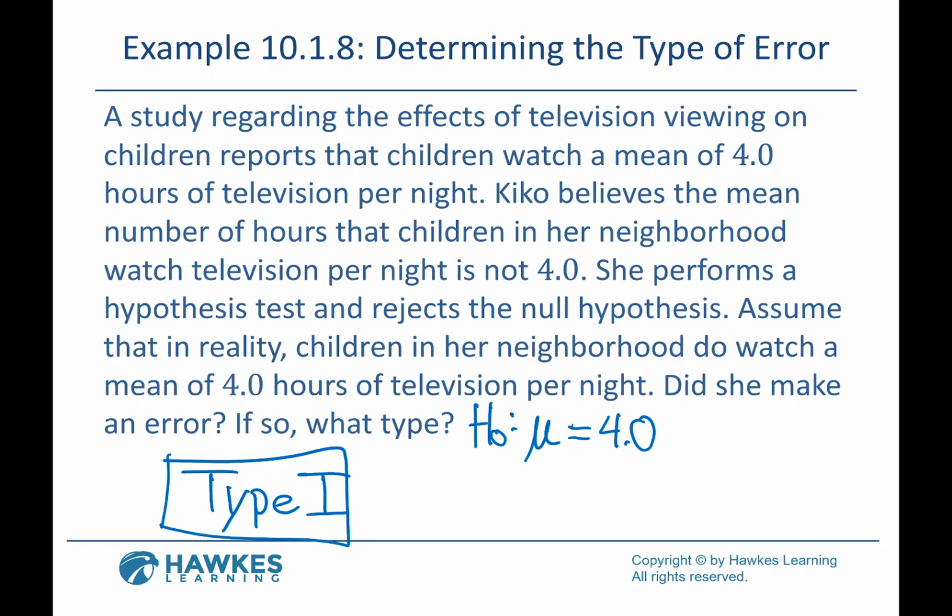The best thing you can do for getting the rest of chapter 10 is to work on 10.1 until they're easy to get the hypotheses. Because we don't want to have to spend a lot of brain power on getting the hypotheses when we start doing all the other stuff. So if you can, between now and Thursday, get the hypotheses down pretty good, you'll be in good shape.